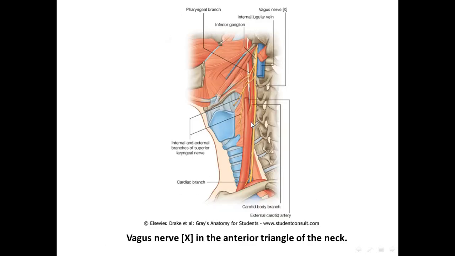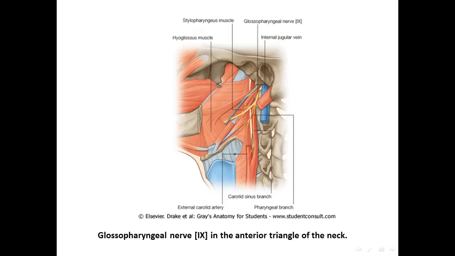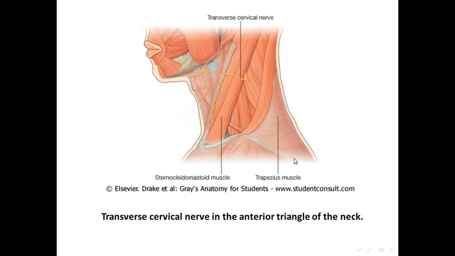And this is the course of the vagus nerve, which is running within the carotid space along with the internal carotid artery, and then the common carotid artery down, and with the internal jugular vein. This is the course of the glossopharyngeal nerve and its branches. And this is the transverse cervical nerve, which is branching from the cervical plexus.